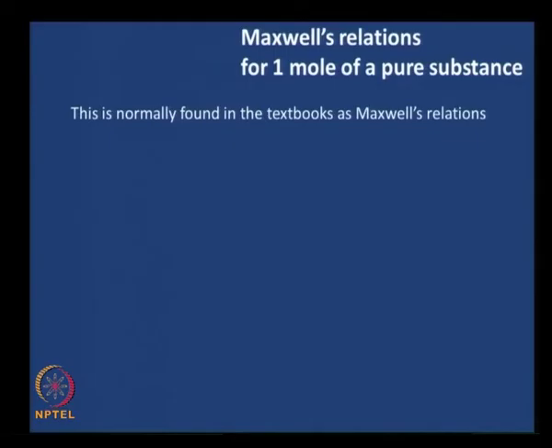Whereas in many different books, including your textbook initially when this is introduced, you would find the Maxwell's relations written for 1 mole, which means the mu i dni terms, any dni related terms will not be there because you have only 1 mole and that is held constant. Let us look at these relationships for completeness, because you can directly use these relationships under such conditions where you have 1 mole of the substance.